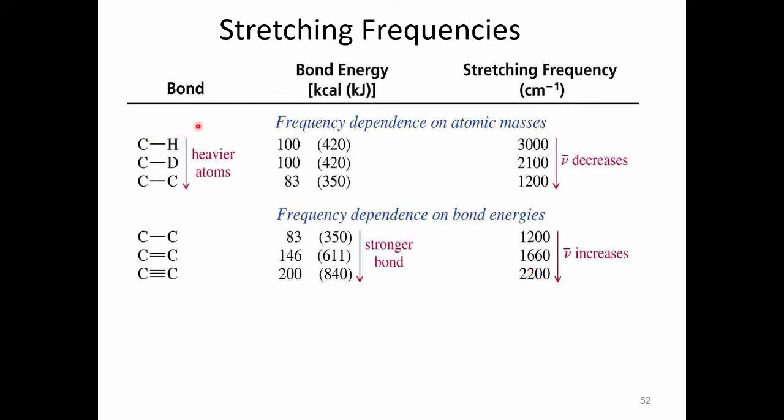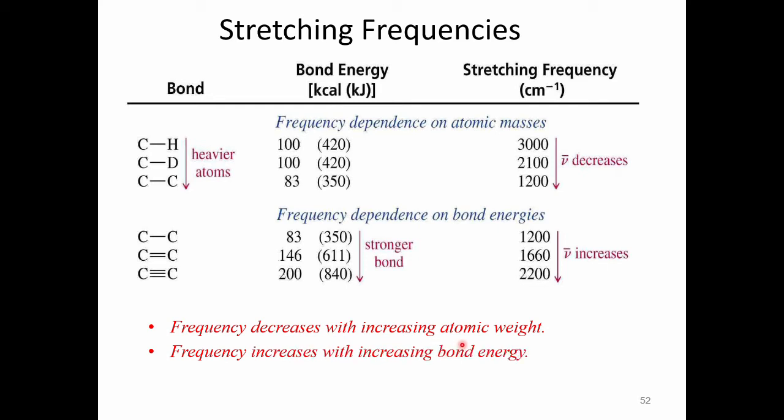So just remember, heavier atoms cause a decrease in frequency, while an increase in bond strength increases frequency. And so remember, frequency decreases with an increase in atomic weight, and frequency increases when we increase bond energy.